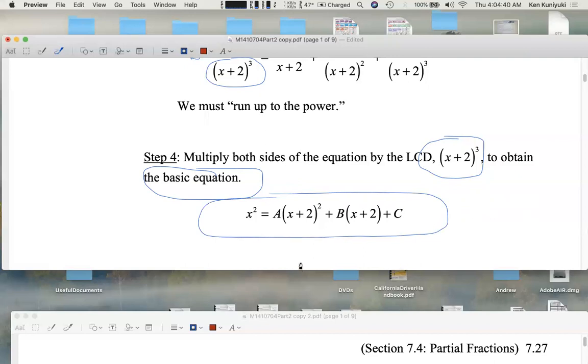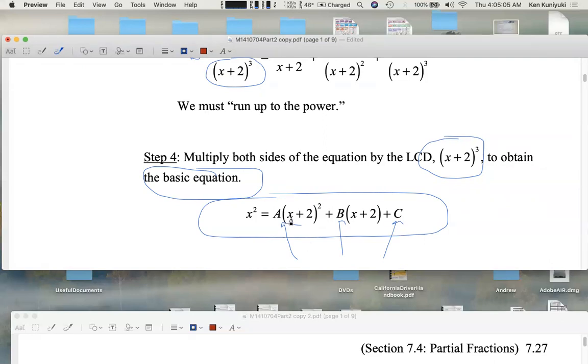Now we're going to use the basic equation to find the values we need for a, b, and c. So remember the strategy we used last time in method 1. Do you see at least one real value for x we could use that will zero out some of these terms? Look at this. What value for x would really help us here?